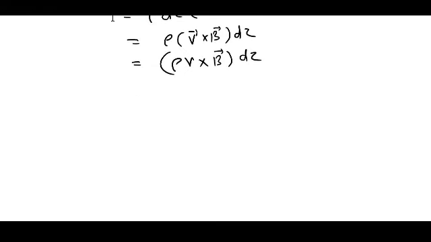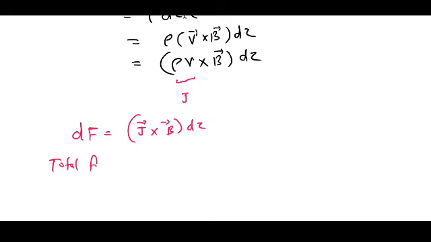Now we have seen that this rho V is nothing but the current density J. Therefore, dF can be written as J cross B into d tau, or the total force on this current carrying tube is F is equal to the volume integral of J cross B d tau.